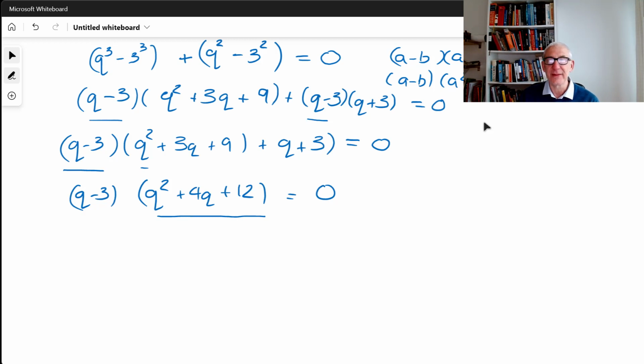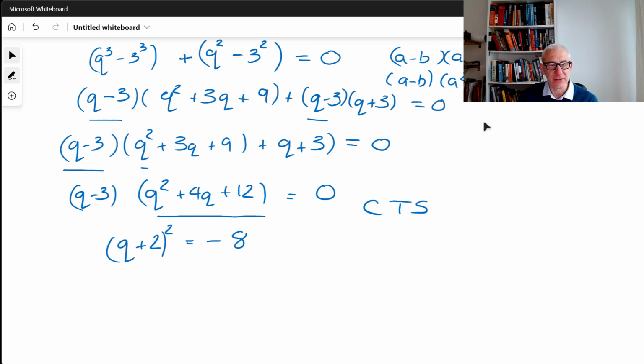Q squared plus 4q, the square of that would be q squared plus 4q plus 4. So we can complete the square and tidy this up. So we're going to use complete the square here, CTS, and we have q plus 2 squared is equal to, right, the 12 taken to the other side and the 4 added on to the other side when we made this square.